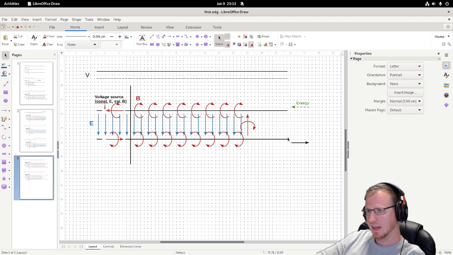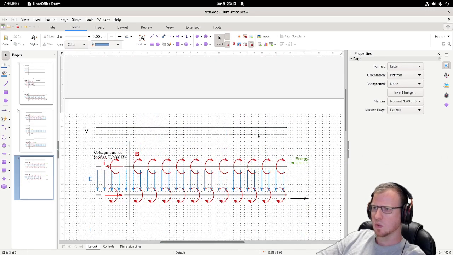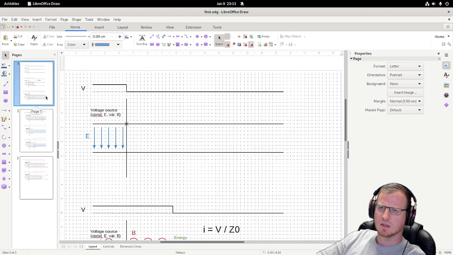That means we are again, the energy is still flowing outwards.